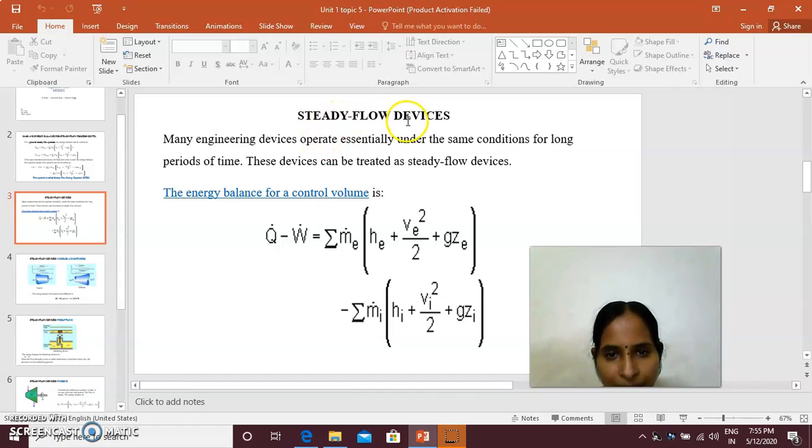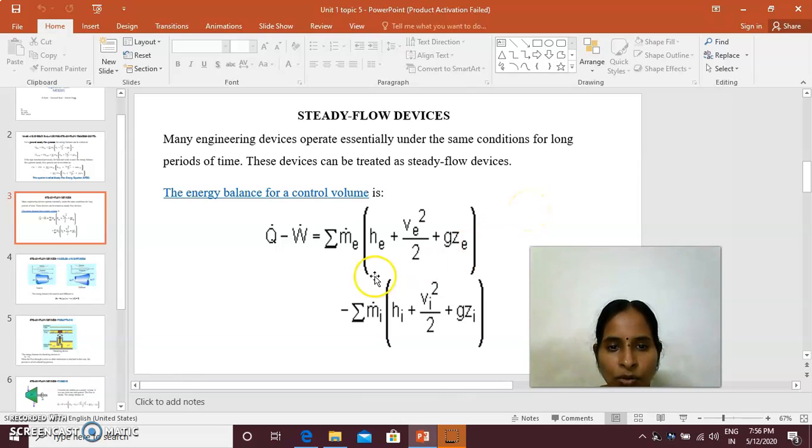That is, they are using steady flow conditions only, because it is very tough to analyze if we change the mass flow rate with respect to time. Then it would come to a deep and complex system of microscopic analysis. So these devices work under steady flow concepts.